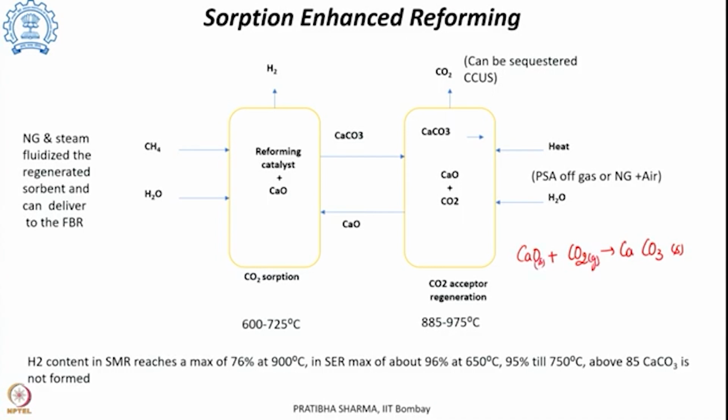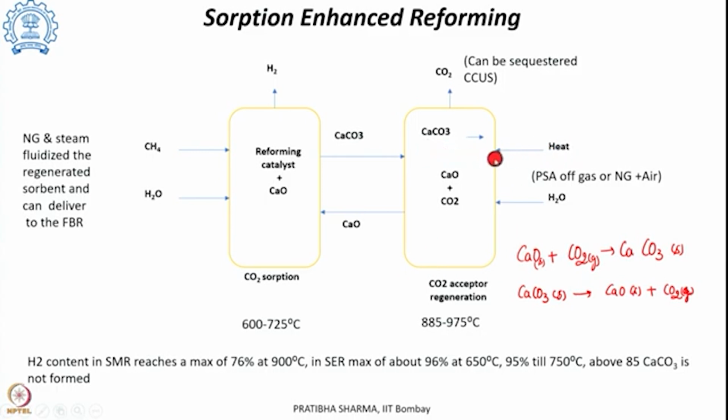However, when calcium carbonate is formed, it needs to be regenerated, so that calcium carbonate gets back to its initial state forming calcium oxide and gives back the carbon dioxide in a separate fluidized bed reactor where the sorbent is regenerated.